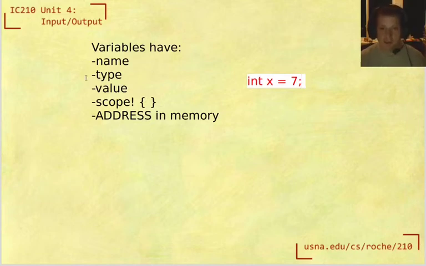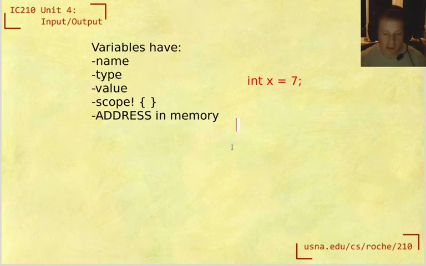Maybe it's just the whole scope of main. But the running program has to actually store this value of 7 somewhere. And the place where that gets stored has a location inside your computer's RAM. That's called the address of that variable in memory. And so what pointers are is a way of accessing this address for any given variable.